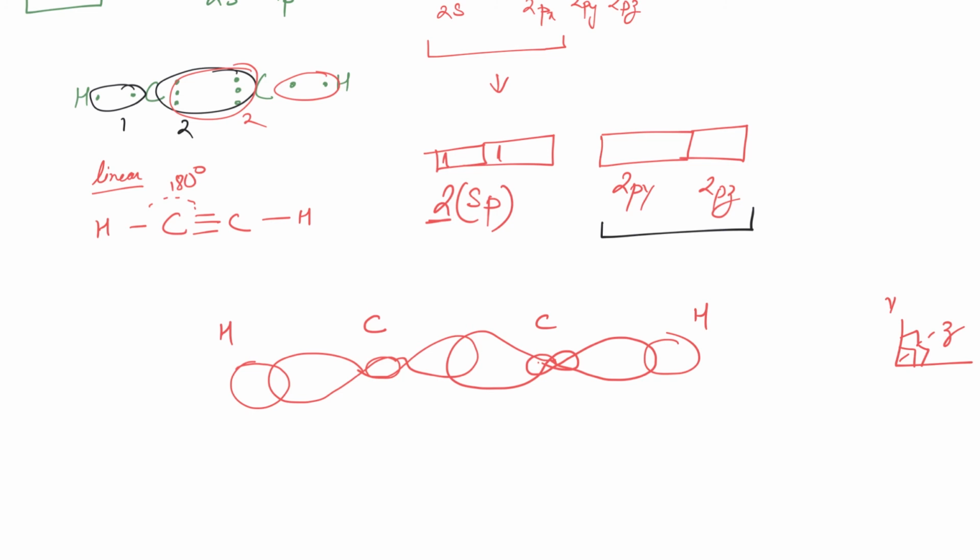So y could be here, whereas z could be here. Now remember, this is the z direction, whereas this one is the y direction. Now the same is applicable for the other carbon as well. This is going to get a little bit messy, but bear with me and things might get better.